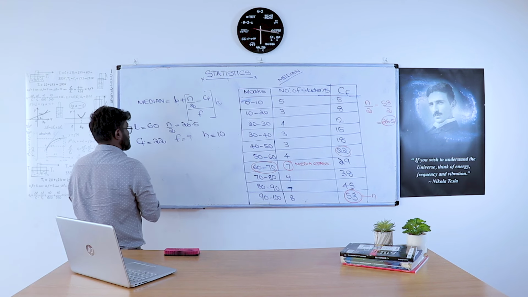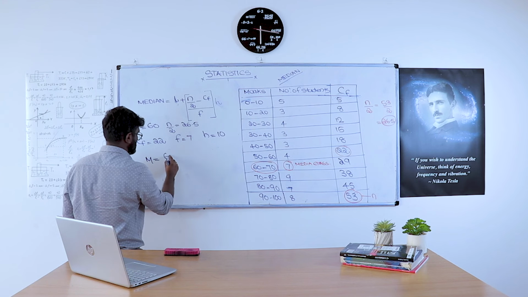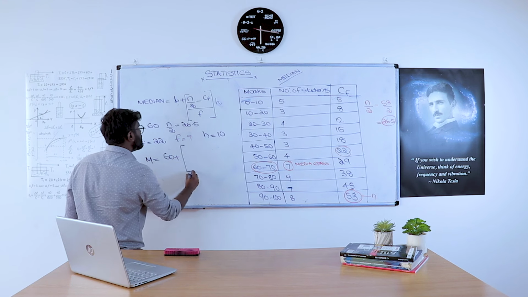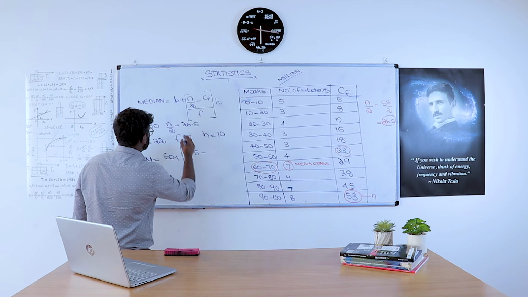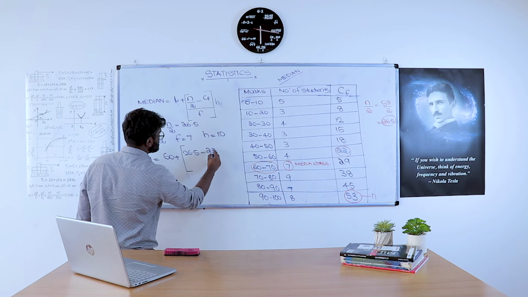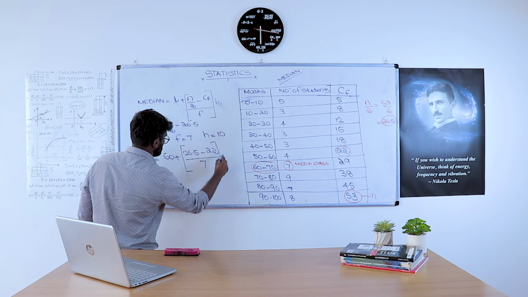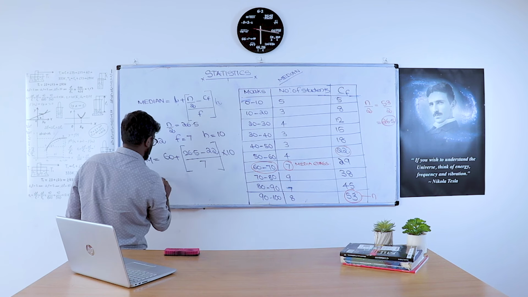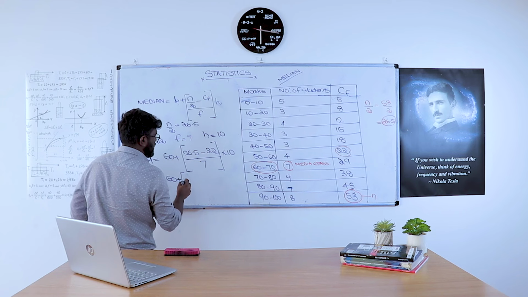Median M is equal to L plus, that is 60 plus, n by 2, that is 26.5, minus Cf, 22, divided by f, 7, into 10. That is 60 plus 26.5 minus 22.